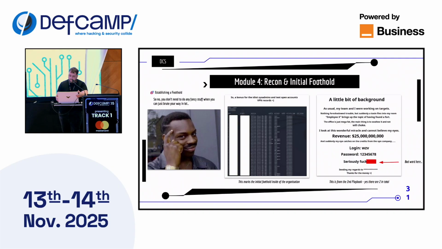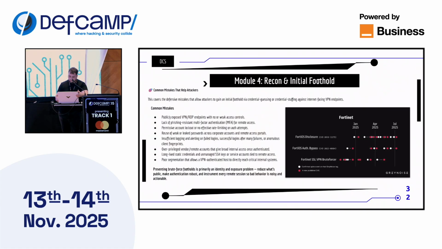They actually tried it, and they were successful in logging in using the username WSV and the password 128, and the revenue of that company was $25 billion. So as you can see here, thanks for the money. As a quick story that I found, the company was able to trace them and kick them out of the infrastructure, but still they were able to get in. It's still a thumbs up to them, or not.